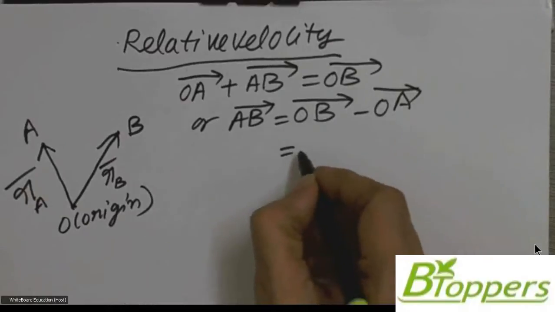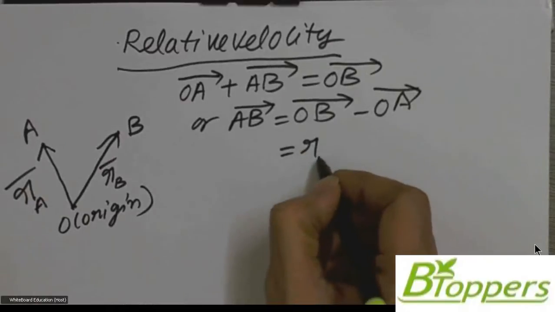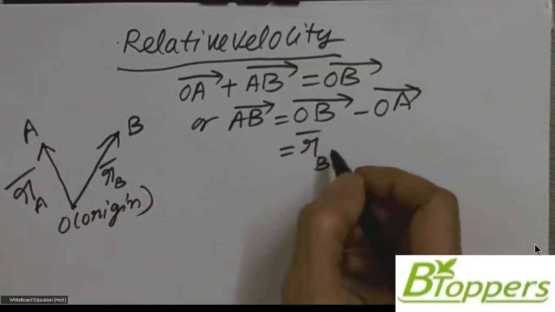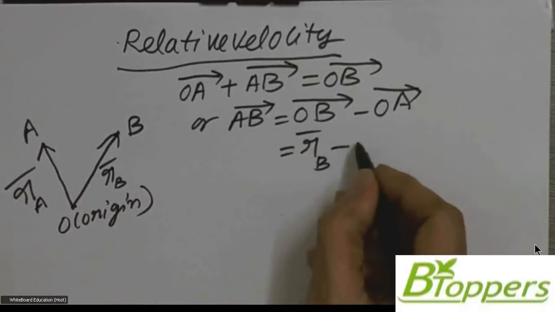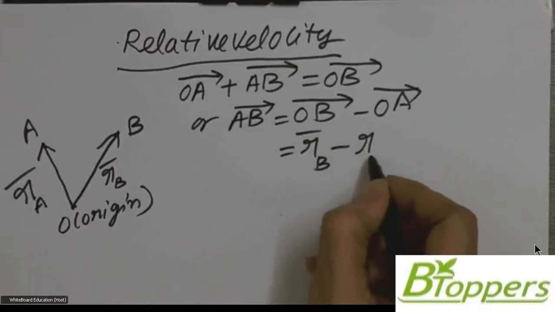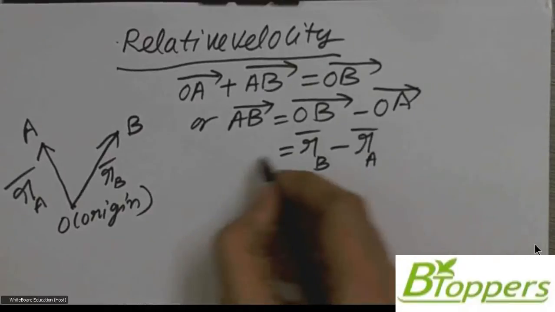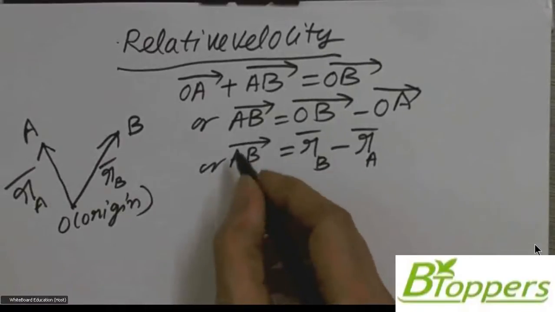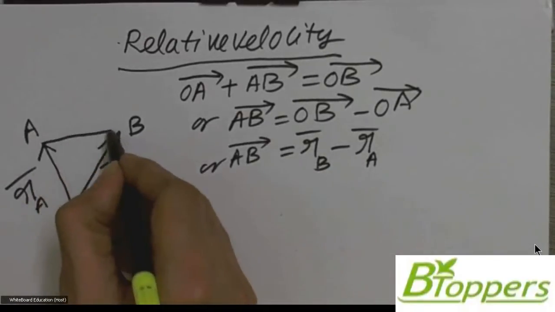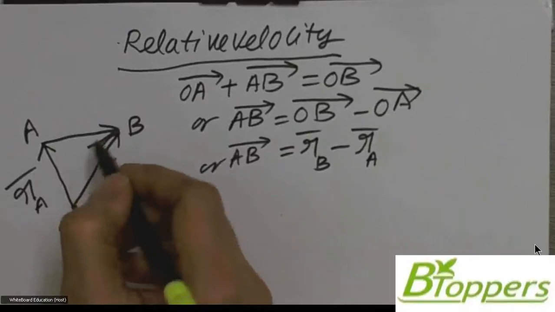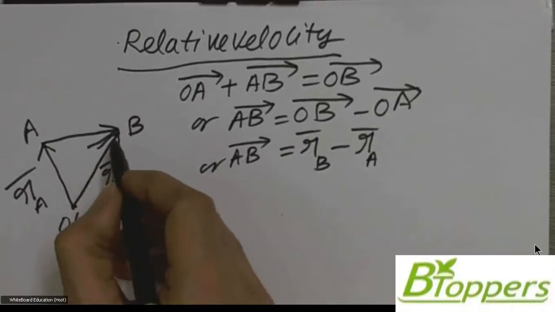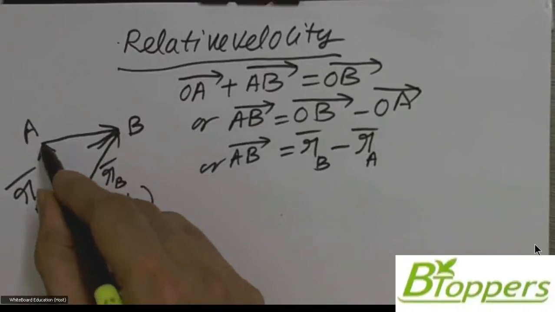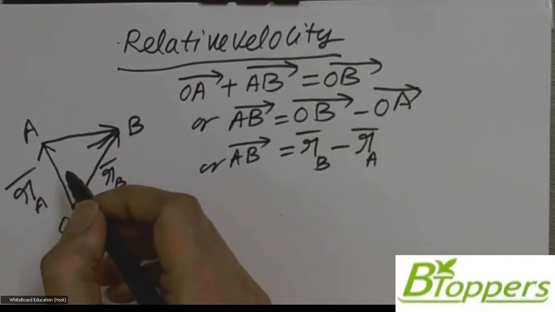OB bar represents the position vector of the second particle B denoted by RB bar. OA bar represents the position vector of the first particle A denoted by RA bar. So AB bar represents the position vector of the second particle B with respect to the first particle A.